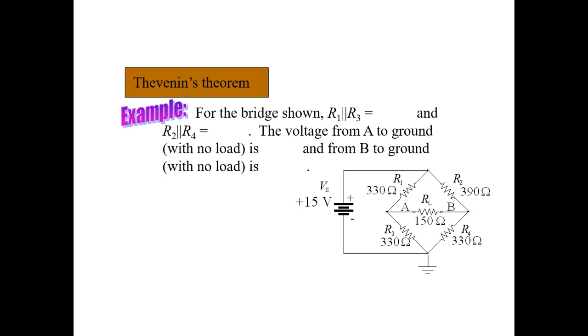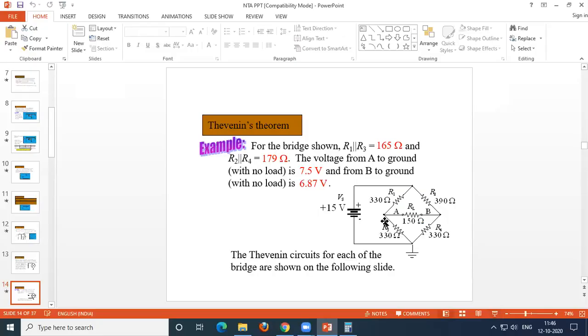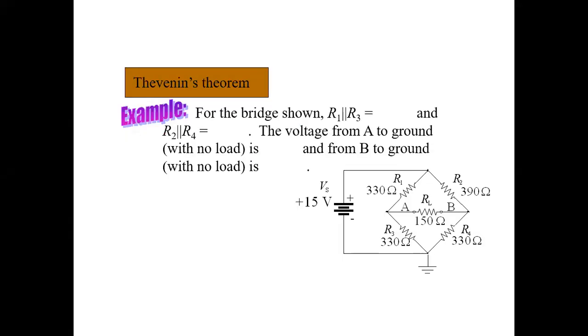Here we will see one example based on this theorem, on the Wheatstone bridge circuit. In this example, the input supply voltage is 15 volt. The value of resistance R1 is 330 ohm, resistance R2 is 390 ohm, resistance R3 is 330 ohm, and resistance R4 is 330 ohm.